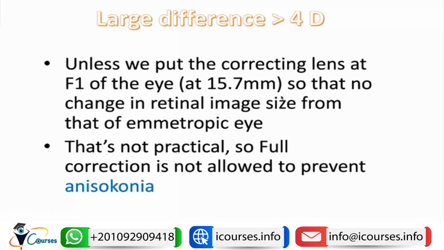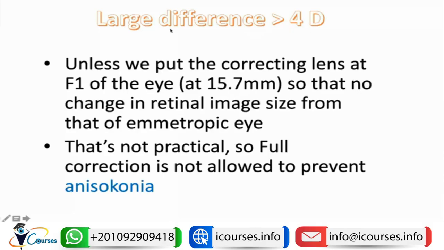We discussed this in the last lecture, and said that this will result in a difference in magnification, compared to placing the lens at the anterior focal point. So the patient will have aniseikonia, or different retinal image sizes.